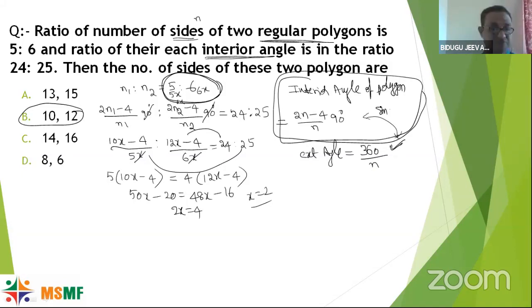Right? Yes, you can check options also. 10 and 12, you'll get the answer instead of solving this part. Okay? Good, Kabir. Excellent. Let me move to the next one.